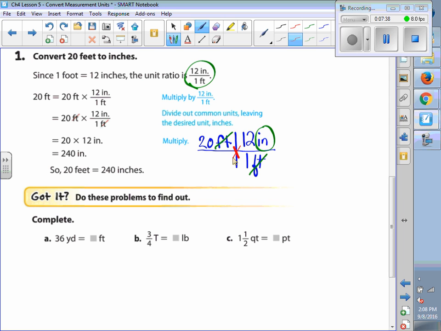And see, it's just like multiplying fractions. You just multiply straight across. So we end up with 20 times 12, 240 inches over, well, this could be 1 down here, 1 times 1, which is 1, which is just 240 inches. Is everybody clear? Yeah.